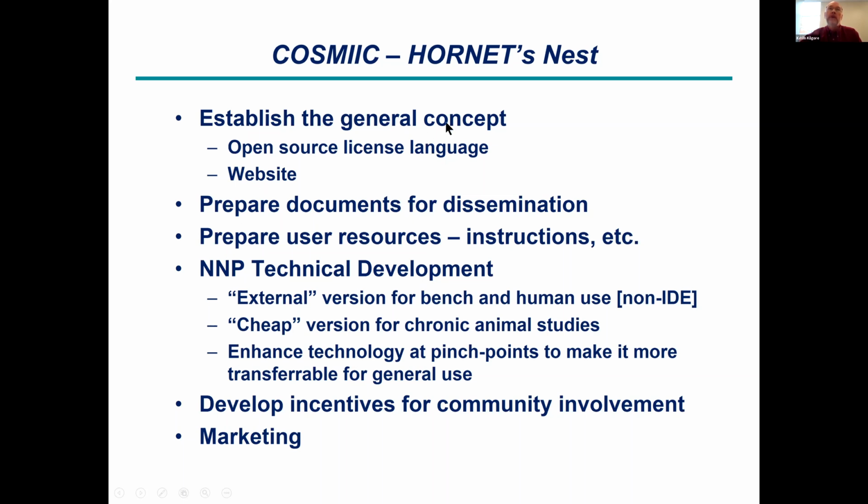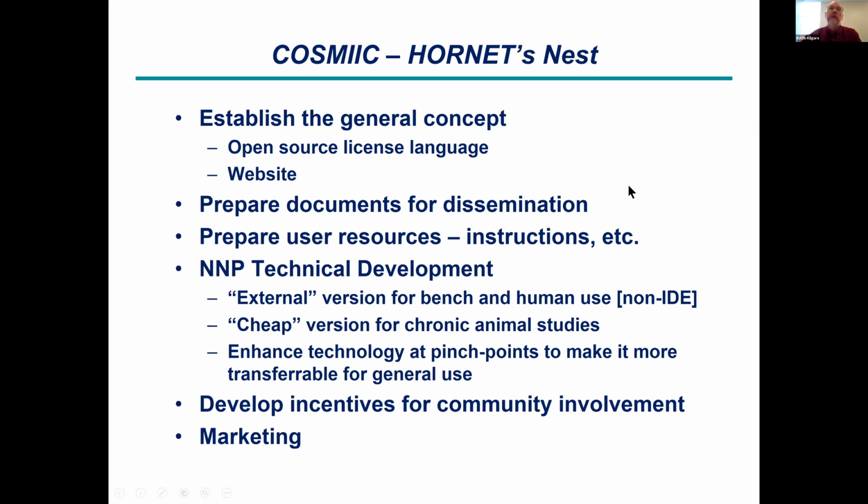The grant would then be used to establish the general concept, obviously the licensing and website and so on. A big effort will be preparing documents for dissemination. Certainly we have all of these documents, but they were never created for public consumption. And so there's quite a bit of work in making them usable in an open source environment.